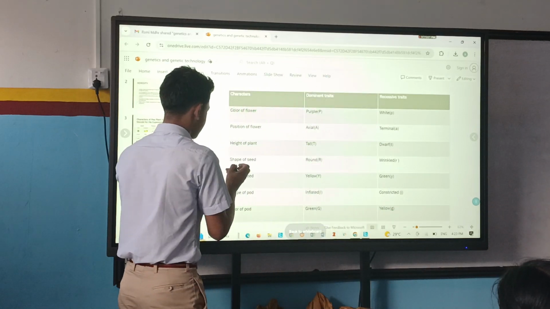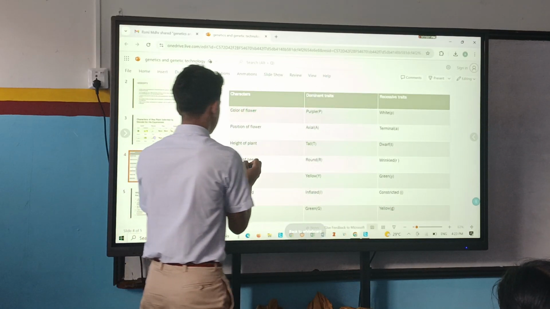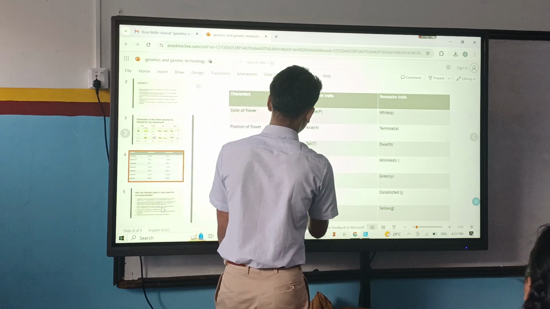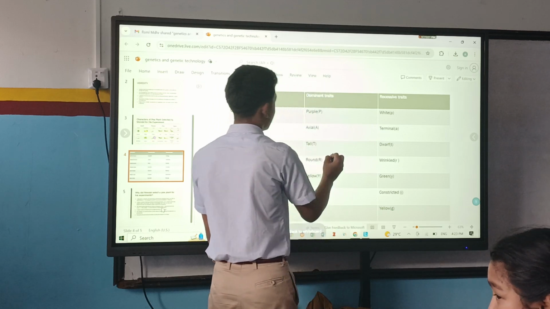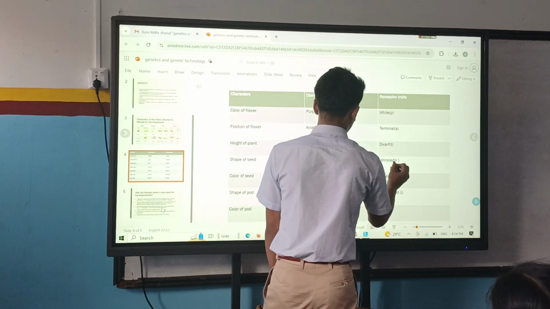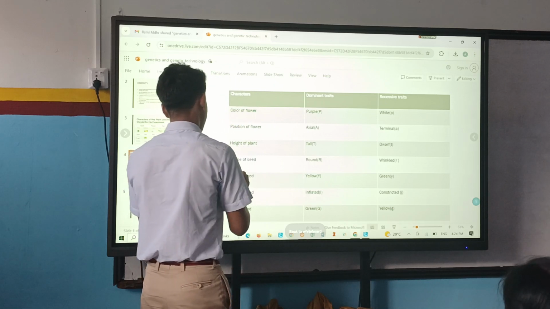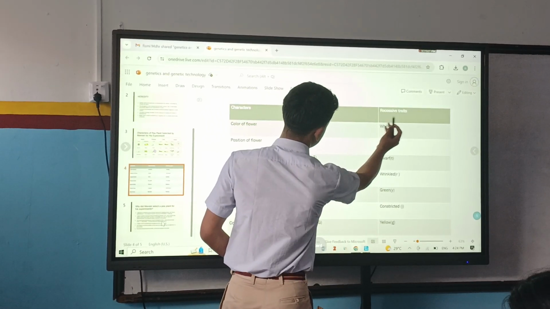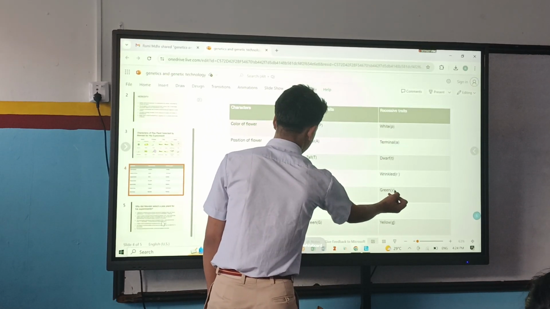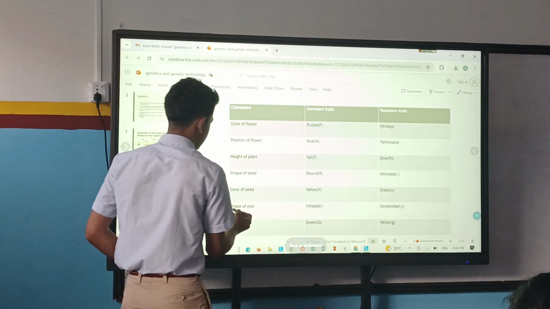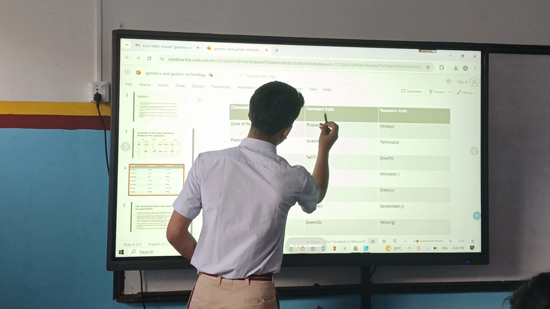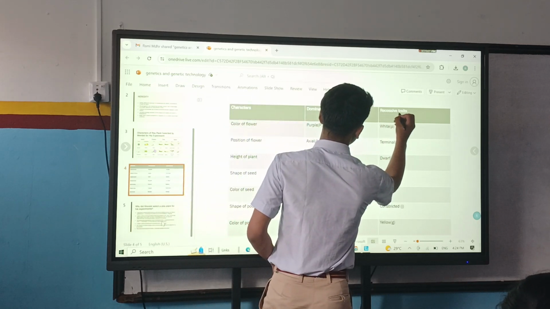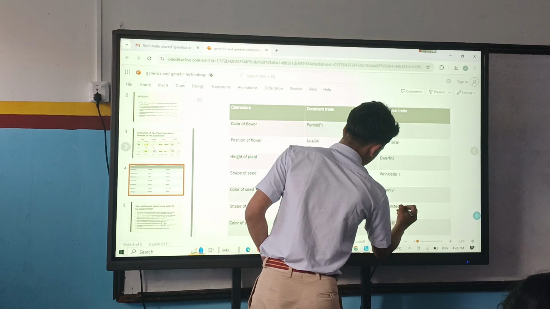The shape of seed: dominant is round, and recessive is wrinkled. The color of seed: dominant is yellow, and recessive is green. And shape of pod: dominant is inflated, and recessive is constricted.